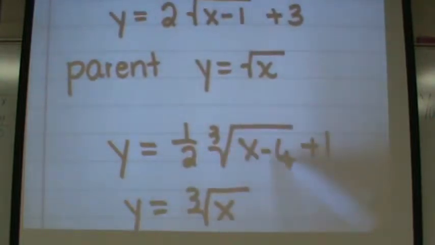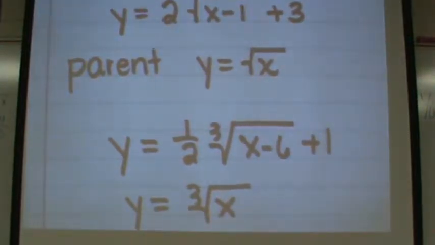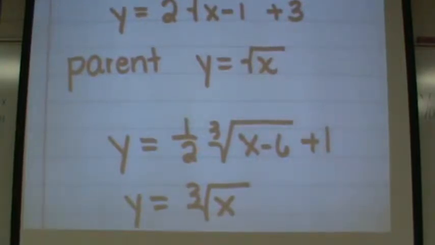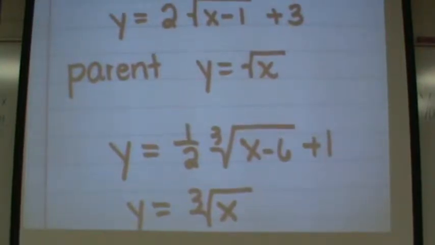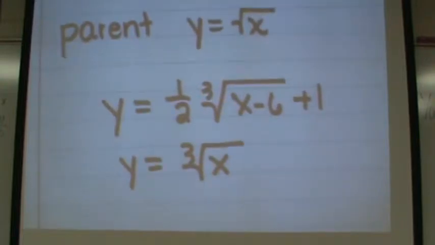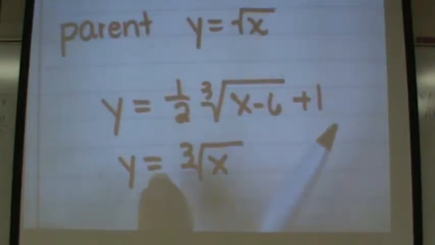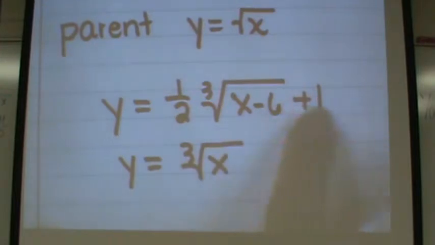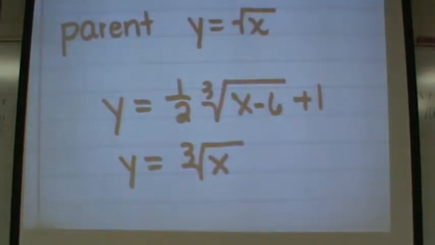What these things do, a number in front, a number inside, a number after, it transforms it into the same shape, but it's going to look a little different. It's going to be shifted. It might be shifted left, right, up, down, upside down. You have to be able, and I'm going to teach you how to recognize what each of these things does. Okay?